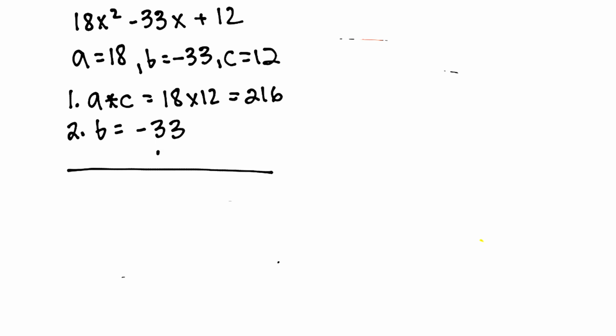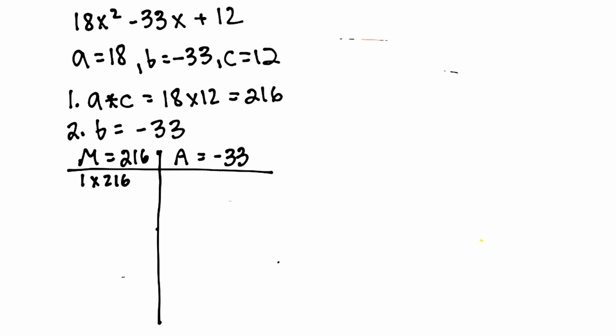So now let's make our MA table. So we know that we need two numbers that multiply to 216, and those same two numbers need to add to negative 33. So if we look at our first factor, 2 times 16, we see this adds to 217.